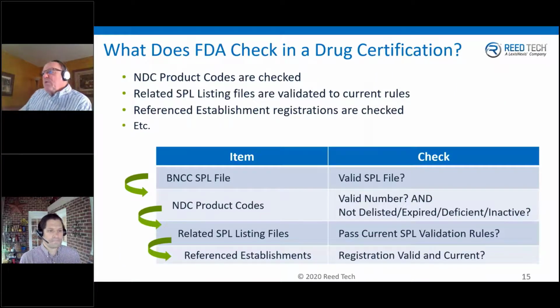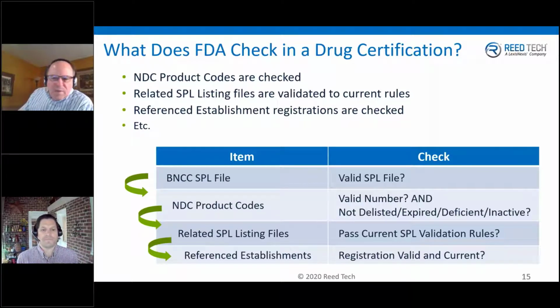So what does the FDA check when they receive that blanket no change? Here are a couple items that I just highlighted at a high level. The file itself is checked to make sure it's a valid SPL file, it's formed correctly and meets all the criteria. And then upon opening it up, obviously they see these NDC codes that we talked about earlier.